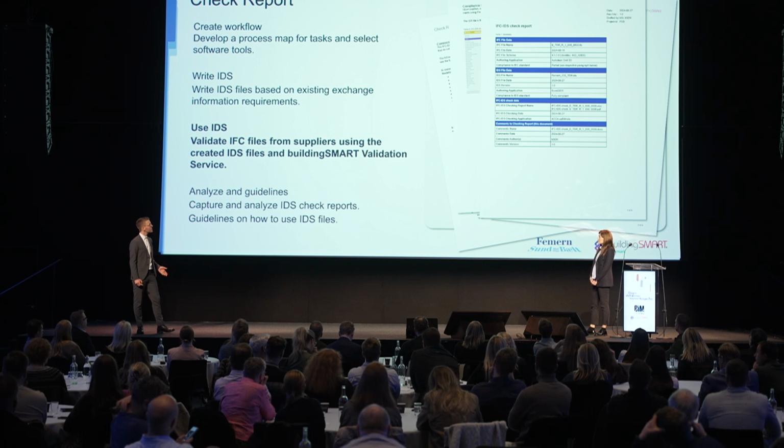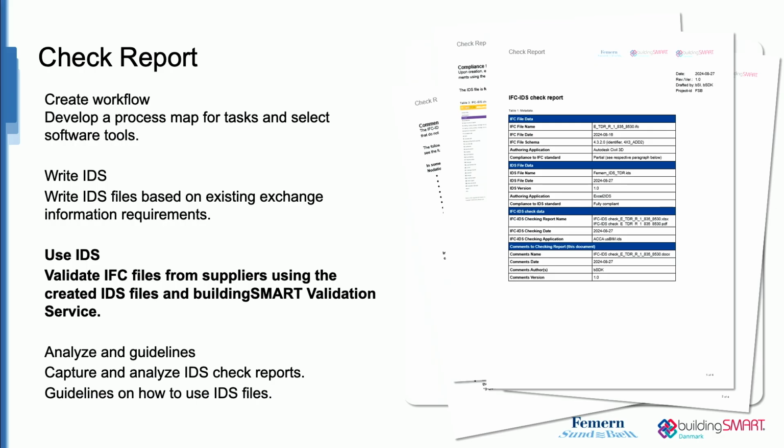So we have tested different models. For each model, we have made a report, and think of it more like a proof of concept to show Fehmarn how they could test the model and use the information they get to act on it. Each report tells which IDS file we are using and which IFC file we are testing. Then there's documentation of the status of the IFC file, which we have tested to see if this has a consequence on the test.